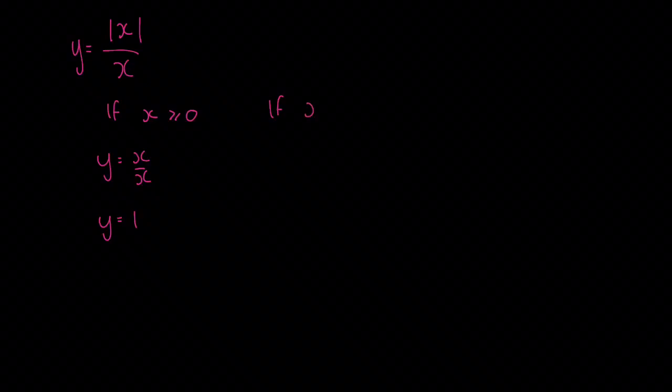And if x is less than 0, then y is equal to negative x over x, which means that y is equal to -1. So these are the two parts of the graph that we're going to draw. Firstly, y is equal to 1, a horizontal line, if x is positive or equal to 0, and y is equal to -1 if x is less than 0, or negative.